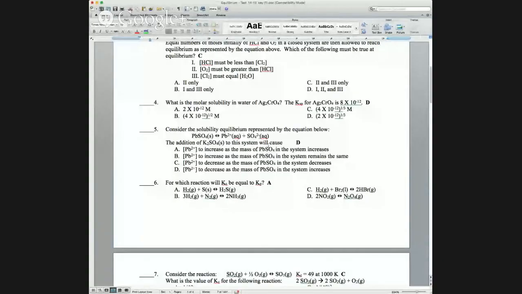Consider the solubility equilibrium represented by the equation below. It's lead sulfate dissolving into its 2 ions. The addition of K2SO4 to this system will cause. Okay, let's use the bamboo tablet and walk through the different possibilities that could happen.